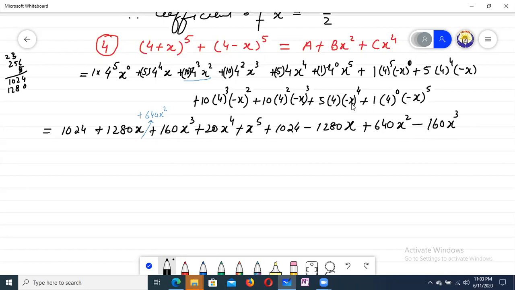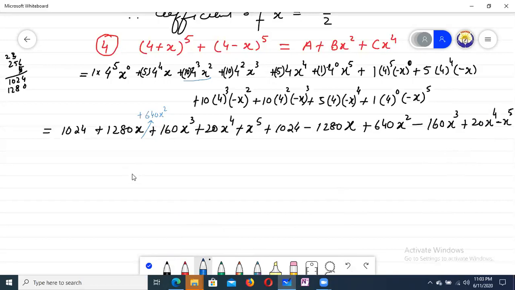Then after that 4 5s are 20 x raised to the power 4. Then here is 4 raised to the power 0, 1, minus x raised to the power 5 will be here. Or we can write here minus x raised to the power 5.